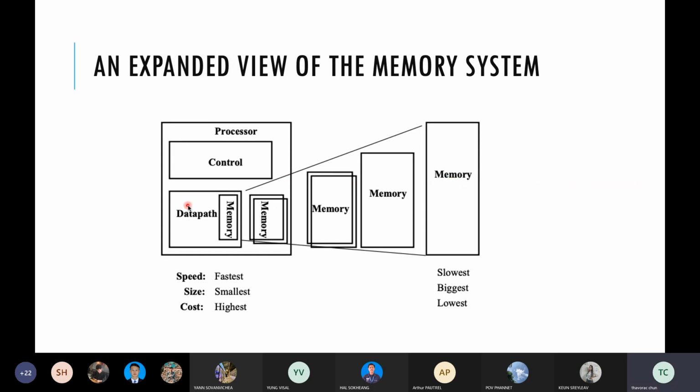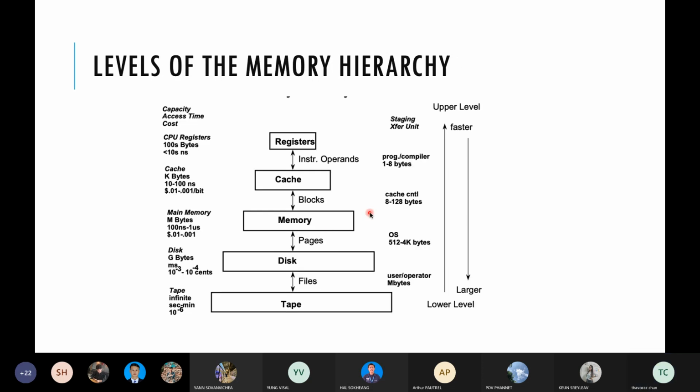Here, like I told you in the previous slide, is a comparison between the memories. You can see some practical data to compare.